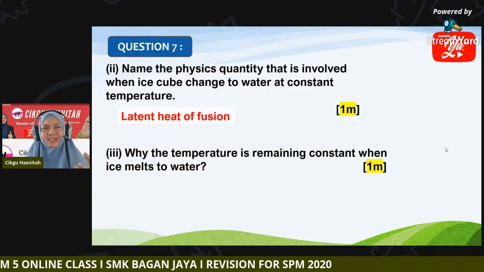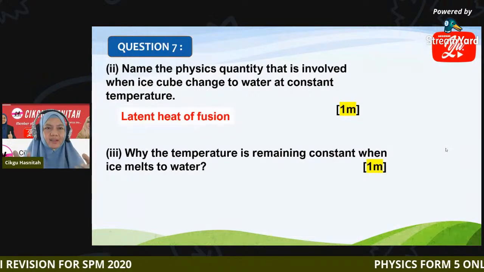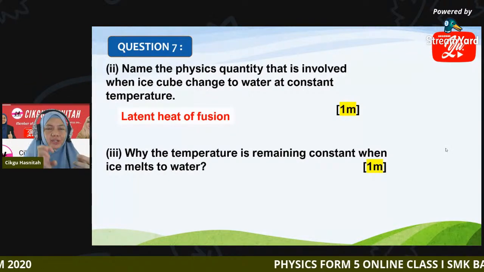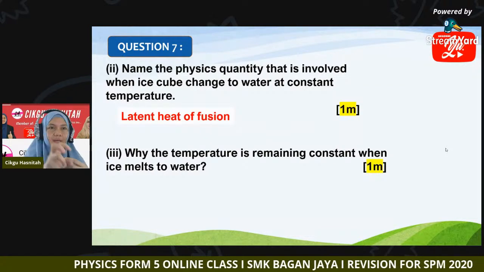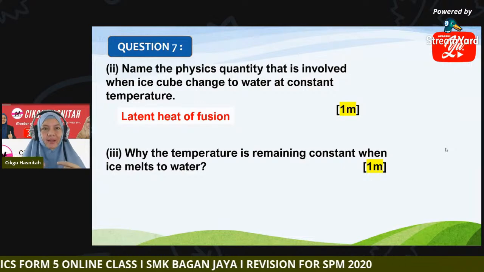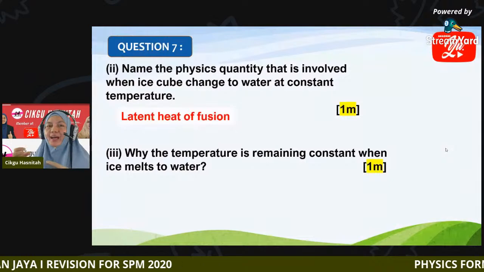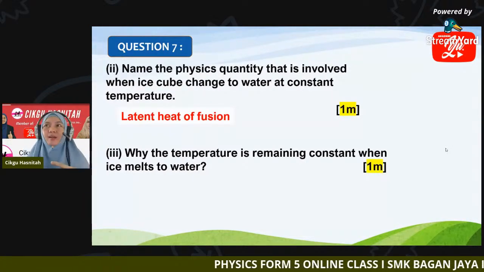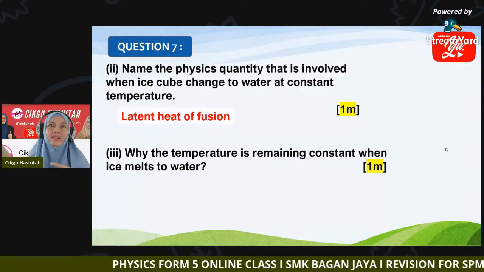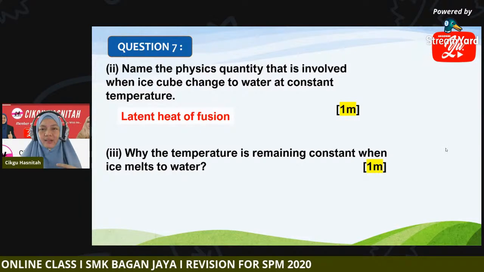What is latent heat of fusion? Latent heat of fusion is the heat required to change the phase of a solid into liquid at constant temperature, or the other way around: the heat released to change the state of a liquid into solid at constant temperature.